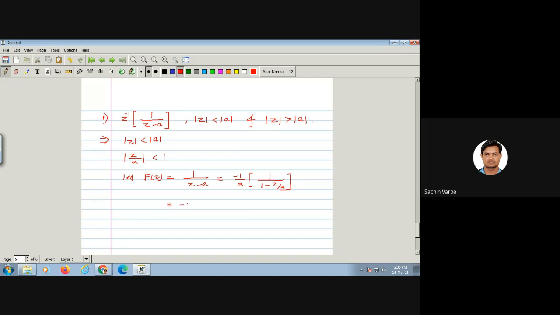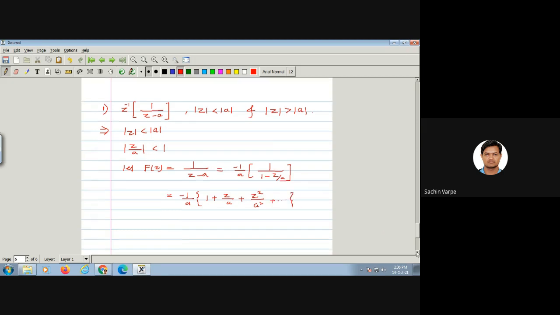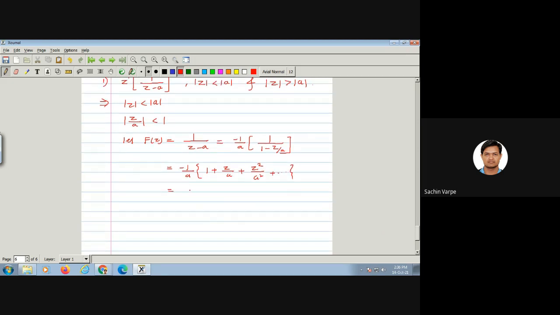So that is minus 1 by A into, in the expansion, 1 plus Z by A plus Z by A the whole square, that is Z square by A square, plus and so on. So that is equal to minus 1 by A minus Z by A square minus Z cube by A cube minus and so on.